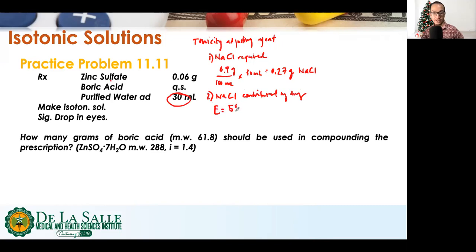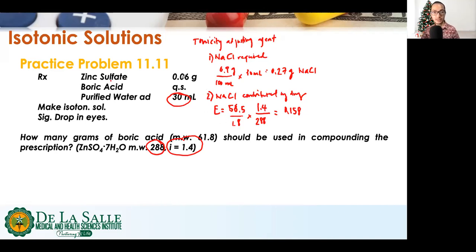The E value is 58.5 divided by 1.8 times the I value of your zinc sulfate, 1.4, divided by its molecular weight, 288. Okay, so the E value is equal to 0.158. And so 0.158 is the E value of your zinc sulfate.